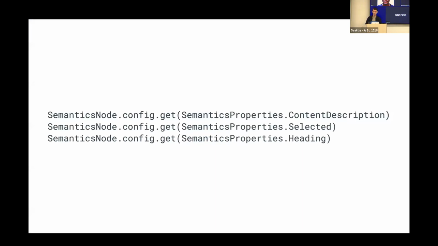Just another example, it includes whether or not an element is a heading, like a title on a screen. And the semantics node is the thing that is emitted from each element on Compose UI, and as well in Compose Multiplatform, since it's just built using the same Compose system that we would use normally.